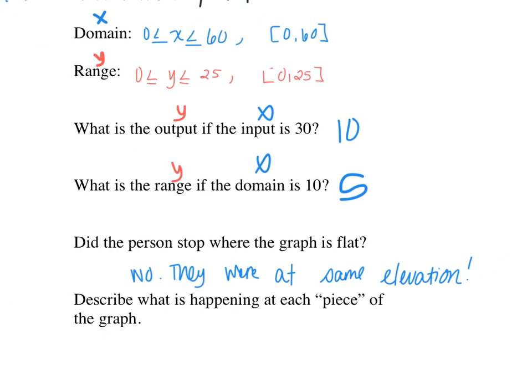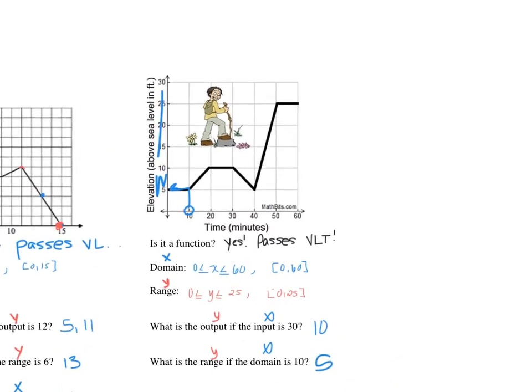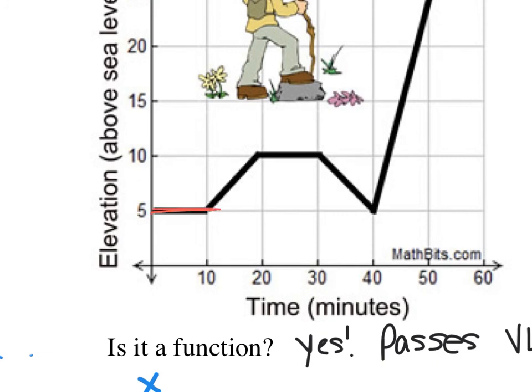Now let's describe what's happening at each piece of the graph. Well, instead of writing this all out, it's going to take me forever to write this out on my iPad. We're going to just verbally say it. From 0 to 10 minutes, the person is walking at an elevation of 5 feet above the ground.